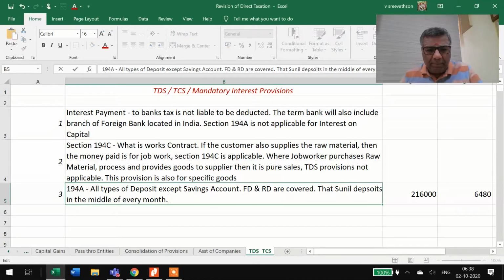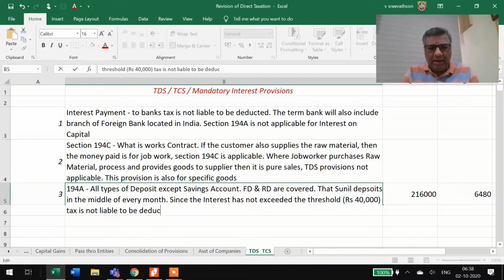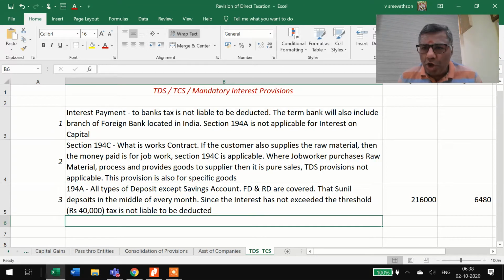Since the interest has not exceeded the threshold, which is now rupees 40,000, taxes are not liable to be deducted. The fundamental thing I want you to understand is that it also applies to RD, and the limit has been raised.